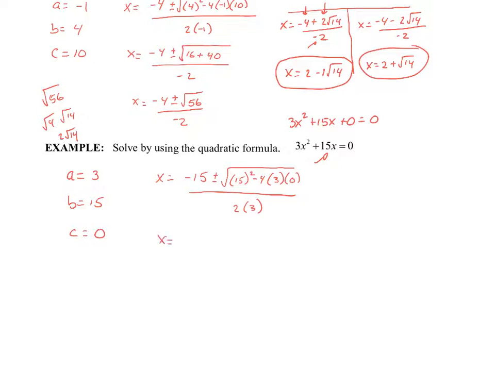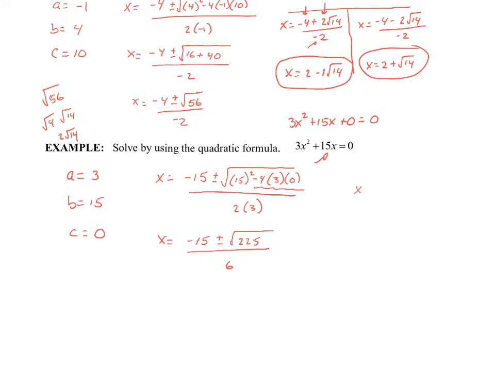Now, let's simplify starting with the radicand and the denominator. So negative 15 plus or minus the square root. Okay, so underneath, this 15 squared is 225. Now notice that 4 times 3 times 0 becomes 12 times 0, or 0. So we really just end up with the square root of 225 all over 6. I'm ready to go ahead and tee this off.